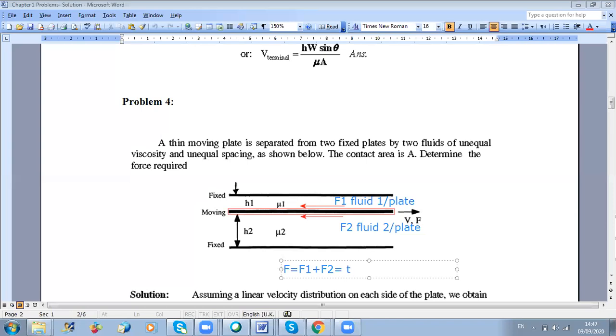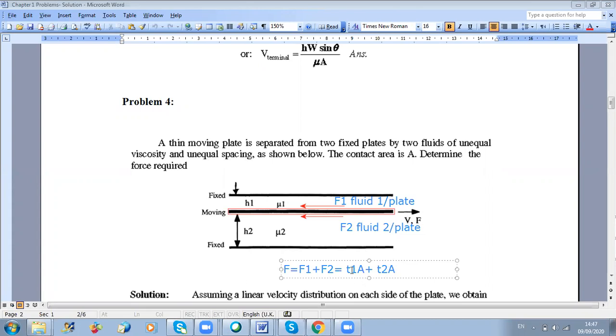So it's tau 1 times the area of contact, plus tau 2 times the area.